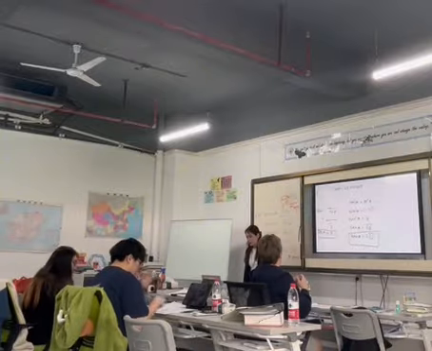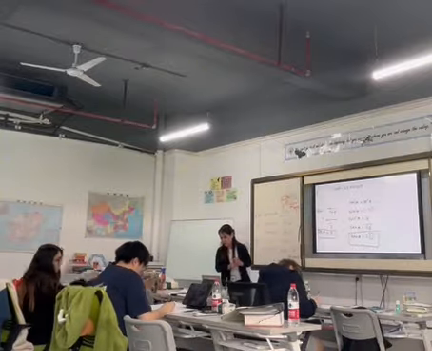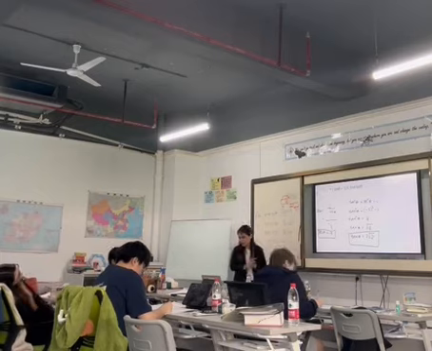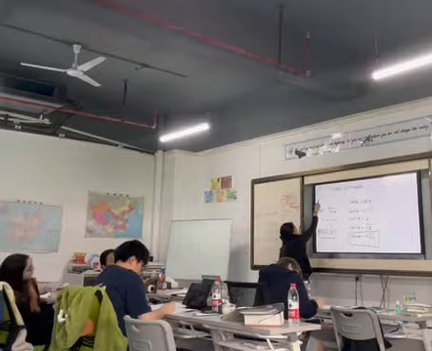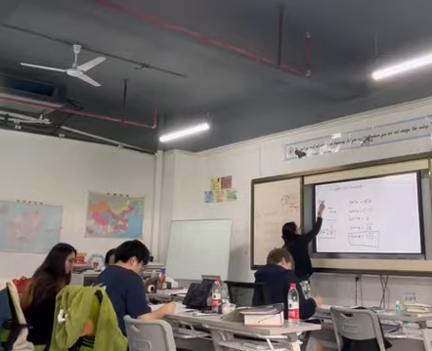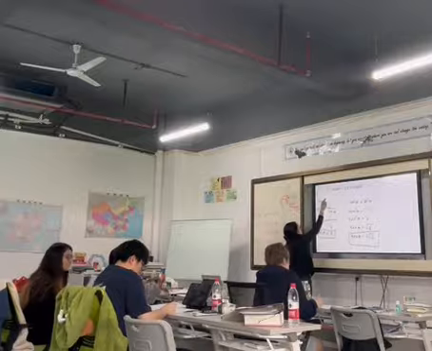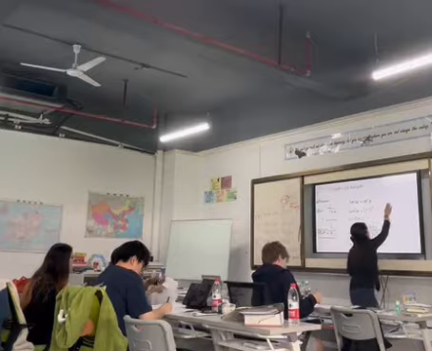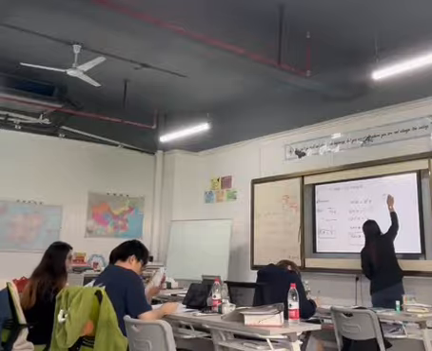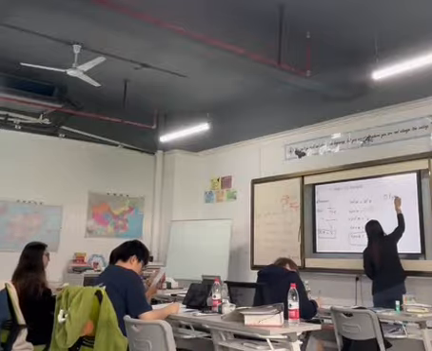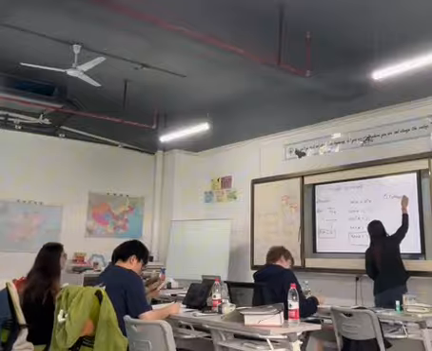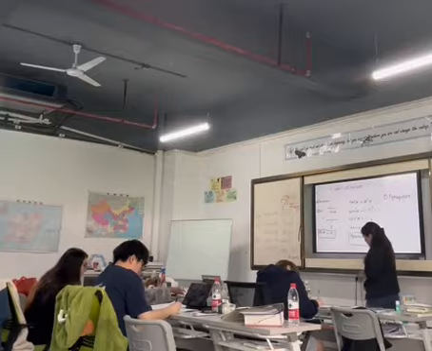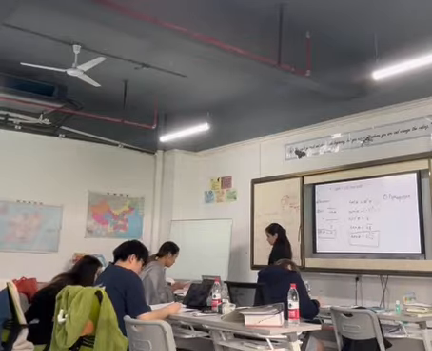Hello? Questions? So first we use reciprocal. Then next we use Pythagorean identities. Okay. Good.